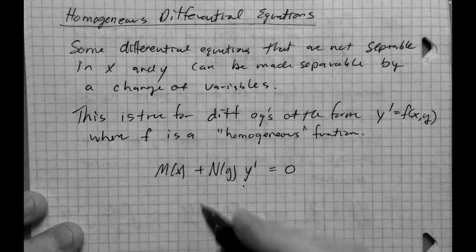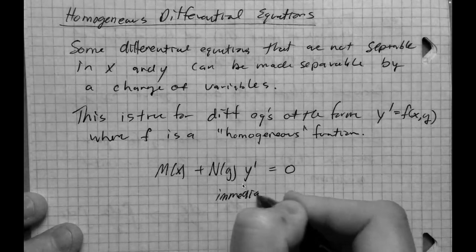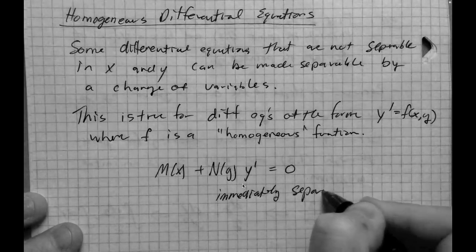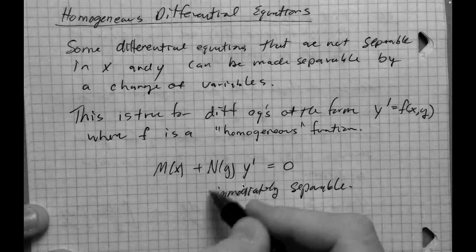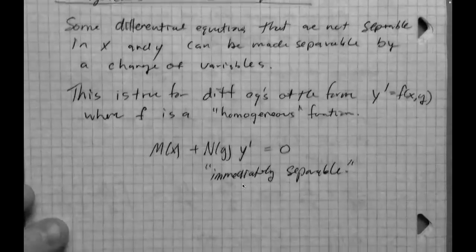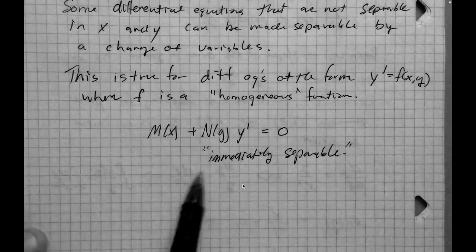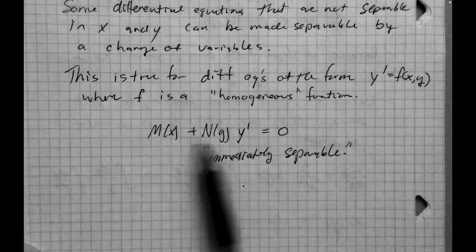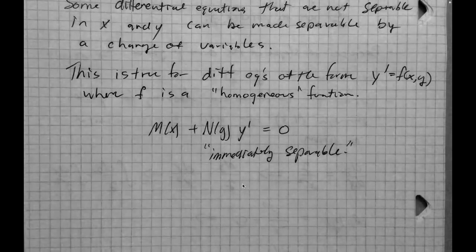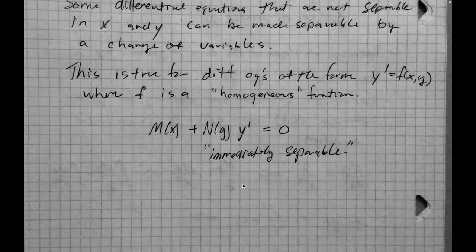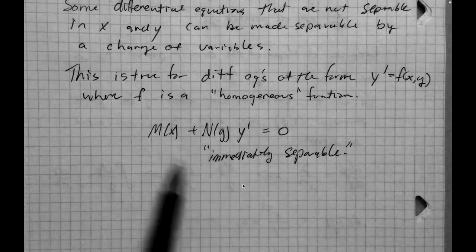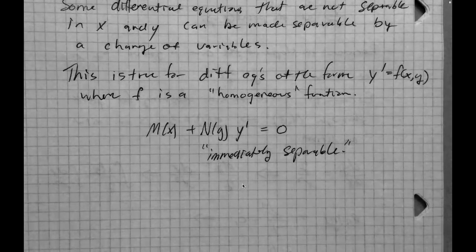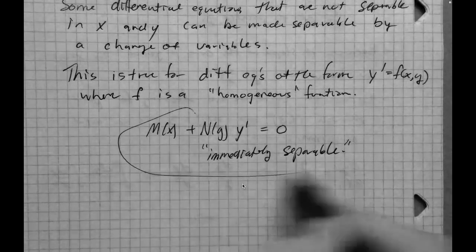We also saw examples where the differential equation isn't given exactly in this form, but we can multiply by this, divide by that, switch some things around, do some factoring, some simple algebraic manipulation, and convert it into this form. So those are the two things we saw already.